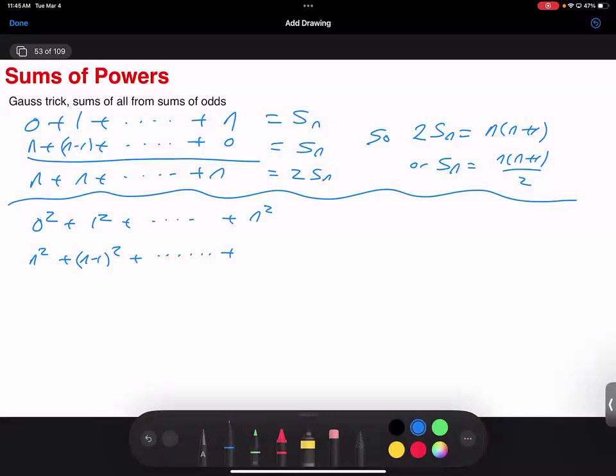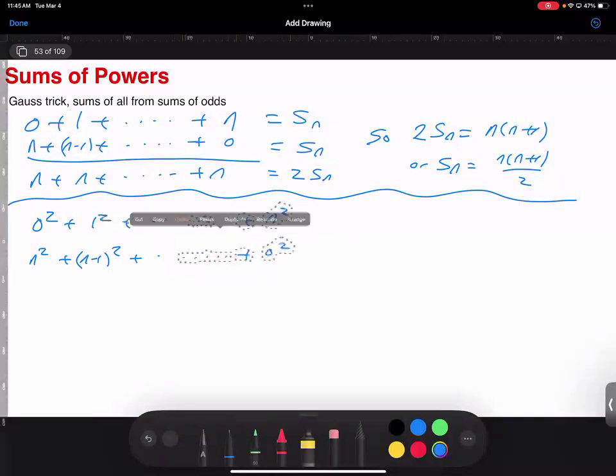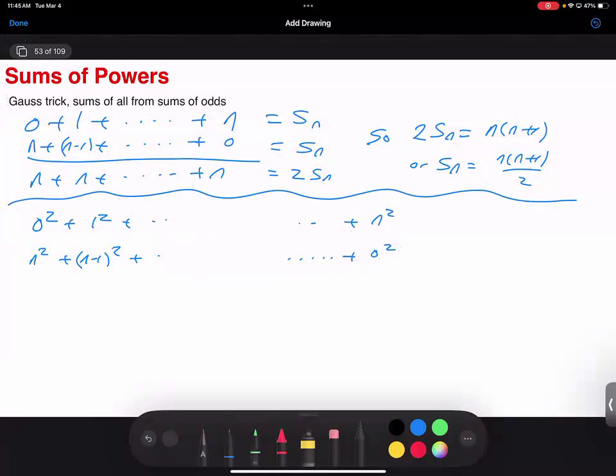And then let's look at some kind of general term. So the general term would be maybe k squared plus (n minus k) squared.